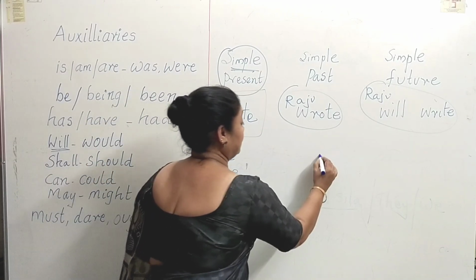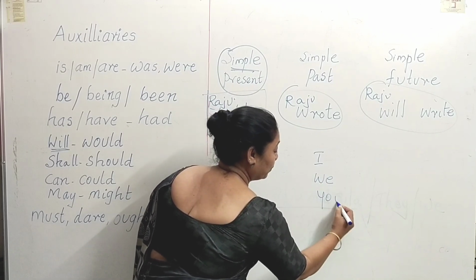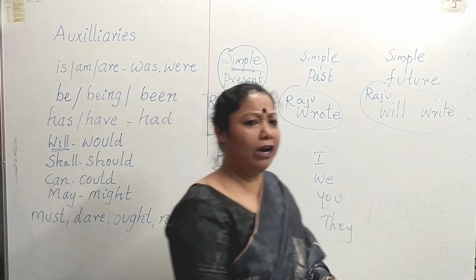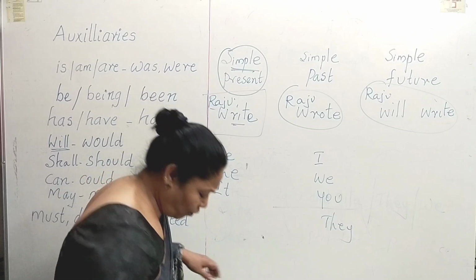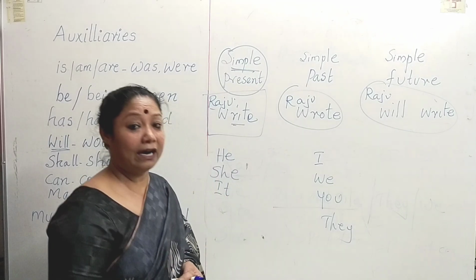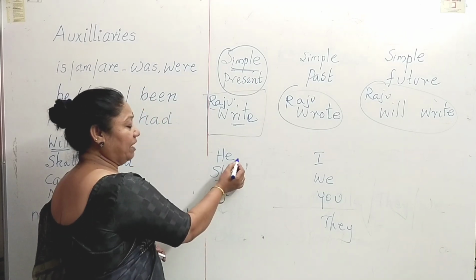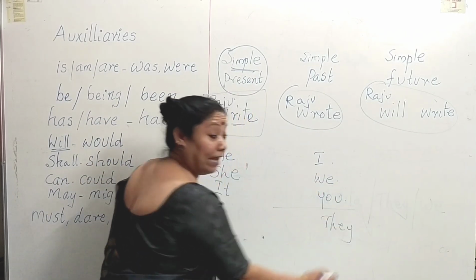Plural subject person: I, we, you, and they. Don't go for any organized way, you only should understand the concept. I don't follow so much of organization here. My motto is that you should understand it very easily. So I have written here he, she, it. Plural subject persons are I, we, you, and they.